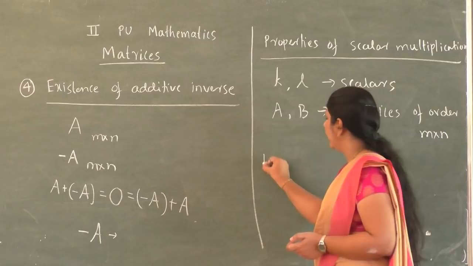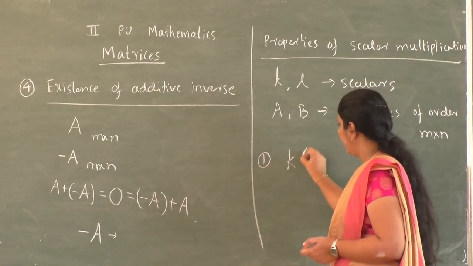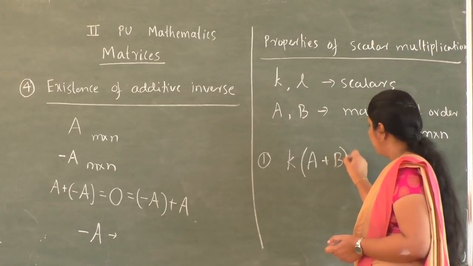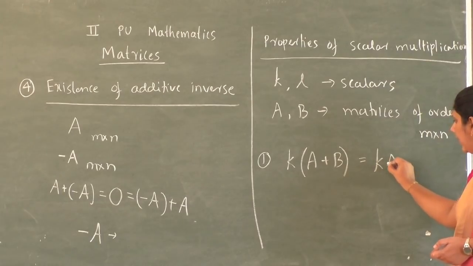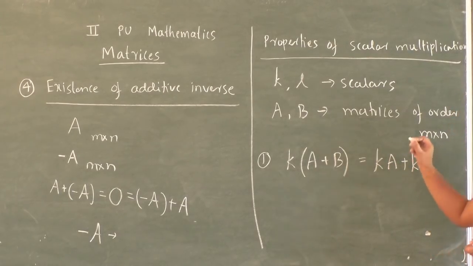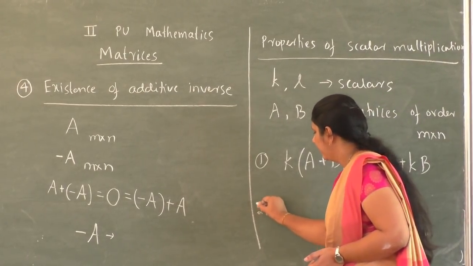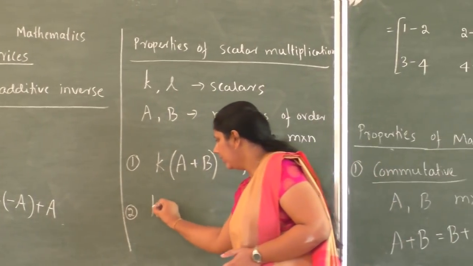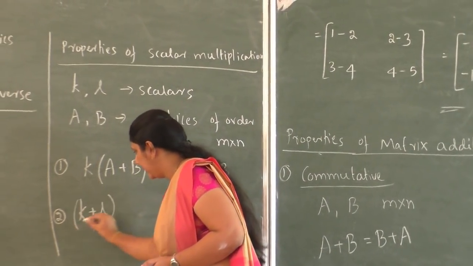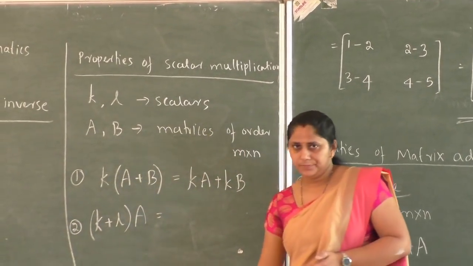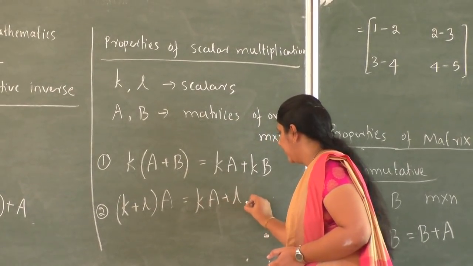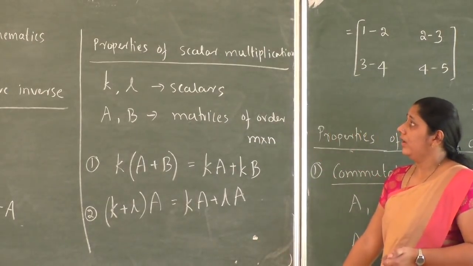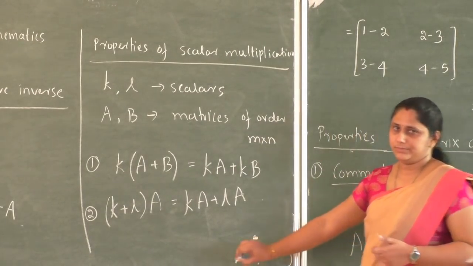Now the first property is K into (A plus B), which is same as K into A plus K into B. So this is one property of scalar multiplication. And second property is (K plus L) into a matrix A is equal to K into A plus L into A. So this is the property of scalar multiplication.